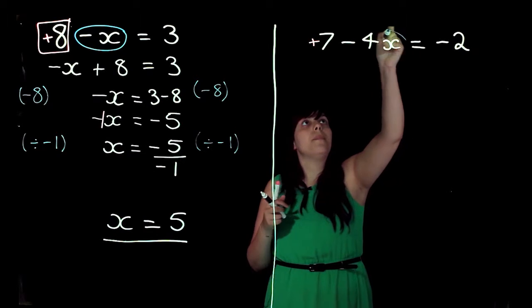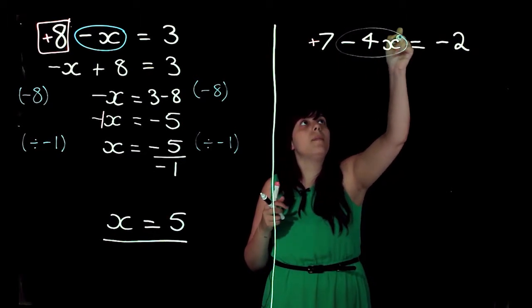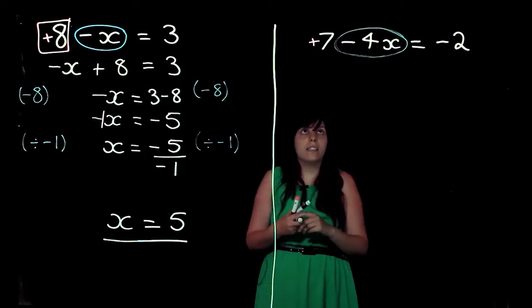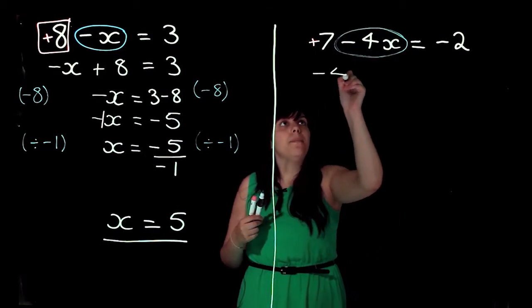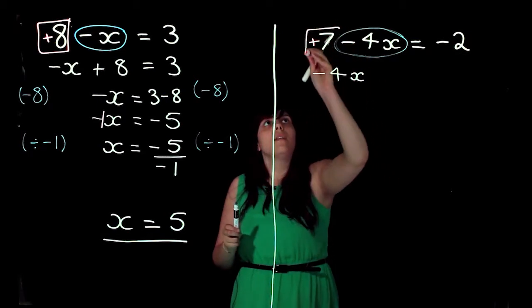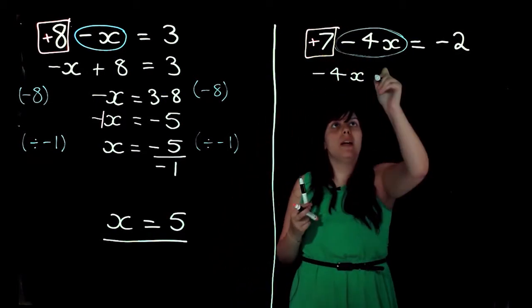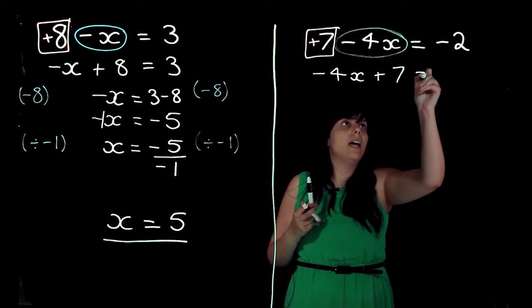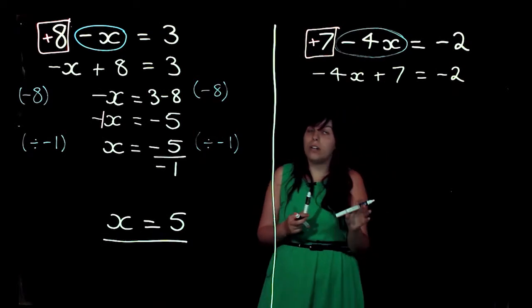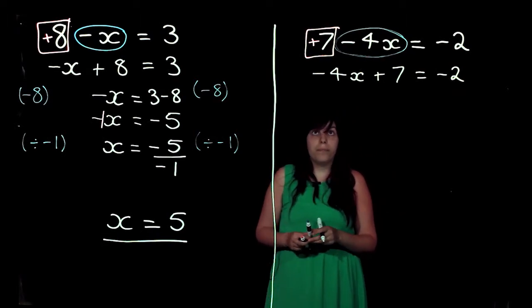So I'm going to move my minus 4x and put it at the beginning, and then my plus 7 can come next, and that equals minus 2. So I'm happy with that. Now I've got it in the form that I like to have it.